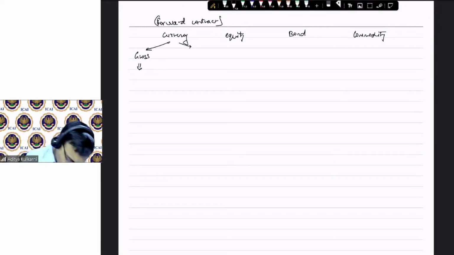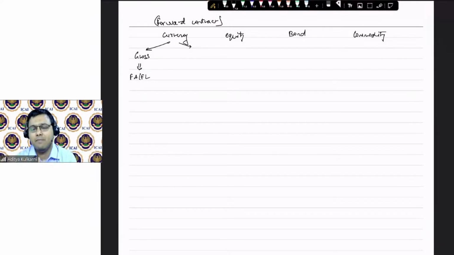Answer is yes. So therefore, this meets the requirement of a financial instrument. Why? Because there is a currency that is being exchanged. I am getting dollars in exchange of INR. So this meets the definition of a financial asset or a financial liability, as the case may be.